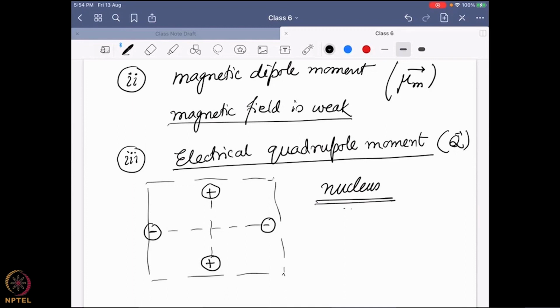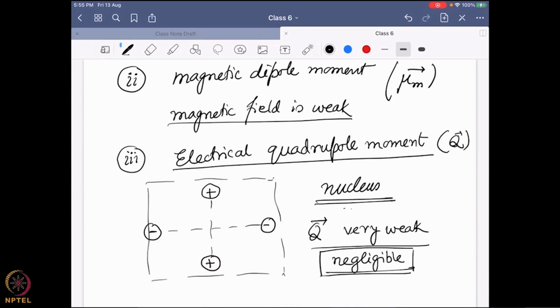However, very similar to the magnetic dipole, the electrical quadrupole moment is also very weak. It's even weaker than the magnetic field in most cases. So even though it can create an electronic transition, generally we neglect it because the value is so low. However, there are some particular spectroscopic experiments where this quadrupole moment can play a huge role.